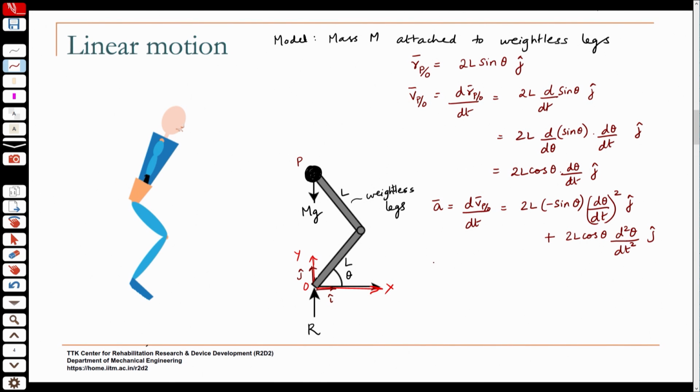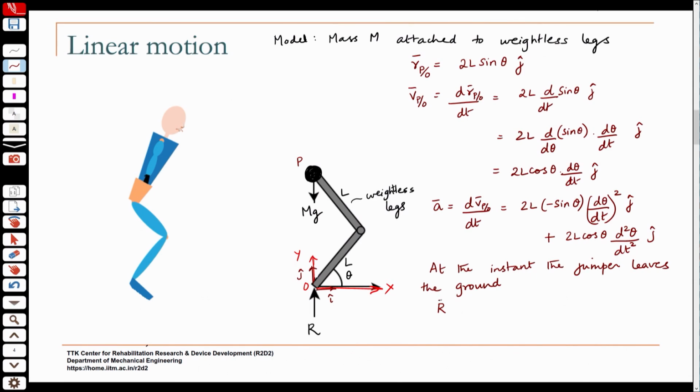At the instant the jumper leaves the ground, what happens to R? R will be 0.